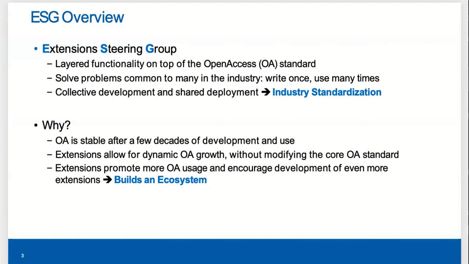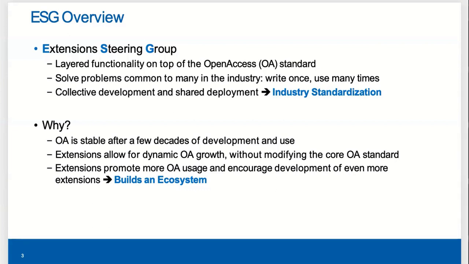Okay, so why are extensions important here? Basically, open access is quite stable. It's been out for several decades. It's been used effectively. It works very well, and we really don't want to adjust that too much. One way to address these two needs, where you need additional capability but you don't want to disturb something that's stable, is to have these extensions.